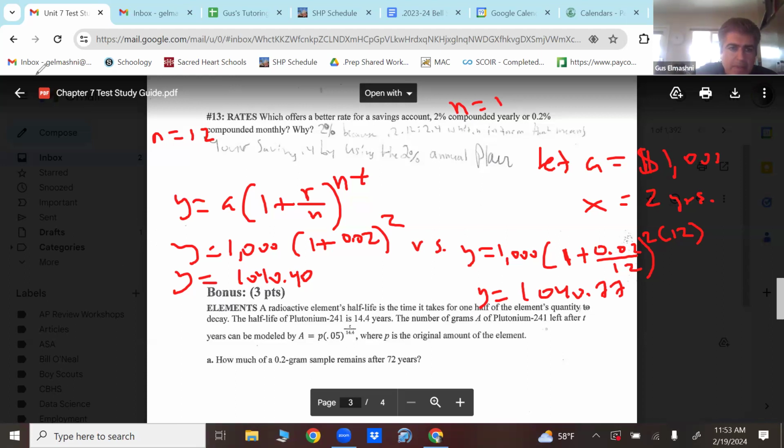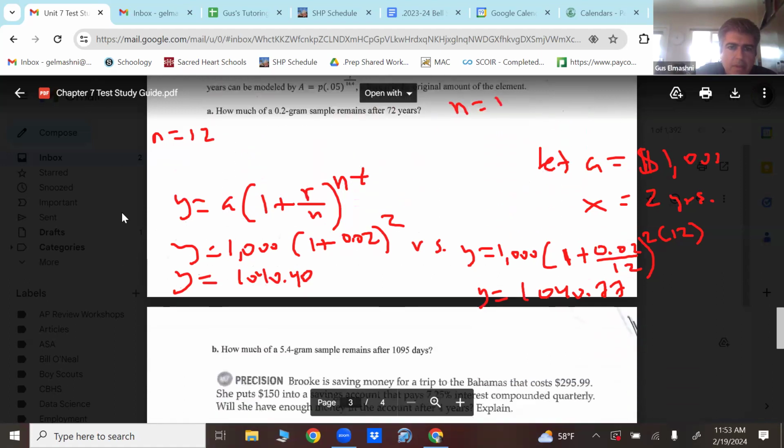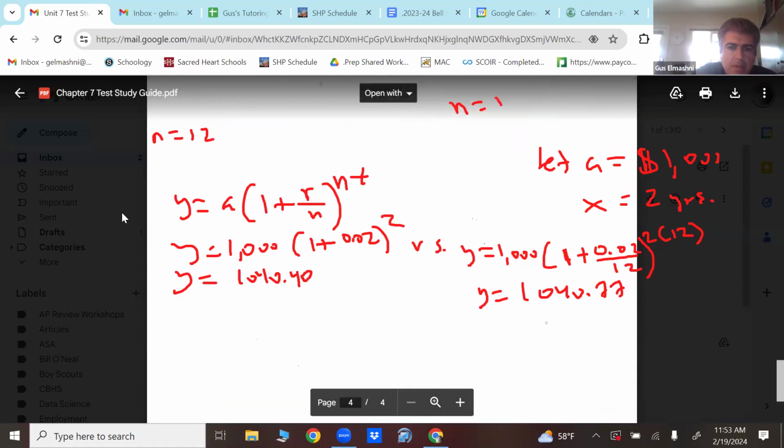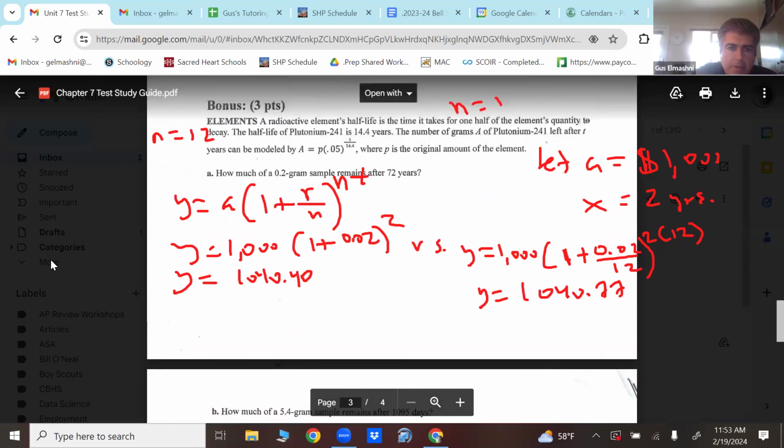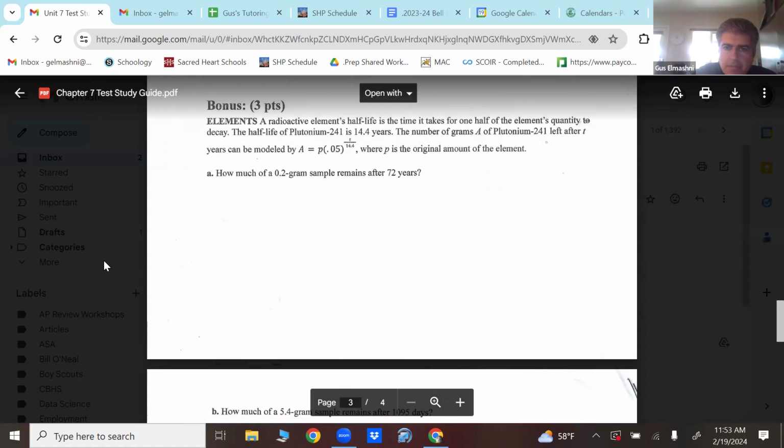And let me actually save that as well. Good bonus. I'm not sure why, that's just pretty easy. You're given the formula, right? So 0.2.